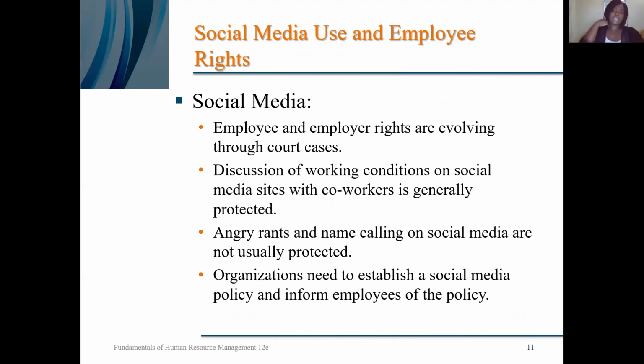Now, social media. Employer rights are evolving through court cases. Discussion of working conditions on social media sites with co-workers is generally protected. Angry rants and name calling on social media are not usually protected. So you can't just go off on the employer on social media. It's not protected, and in most cases you would be terminated for something like that.